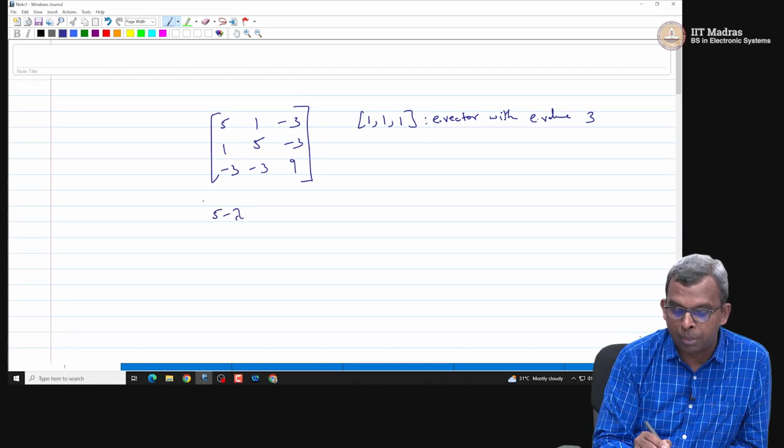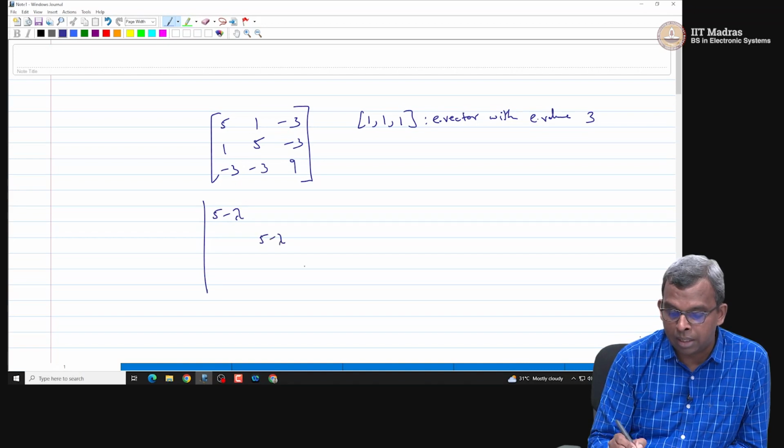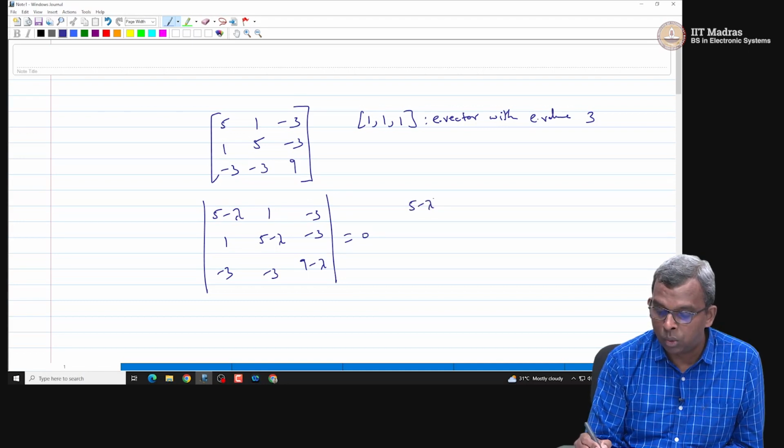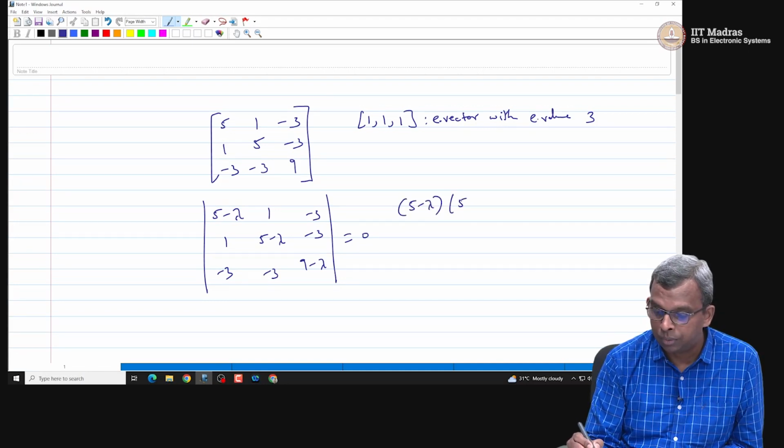So you can do the phi minus lambda determinant equal to 0 thing here, right? So that's one way of doing it. So you equate this to 0. So this determinant you'll have to write down. It's a bit of a pain.